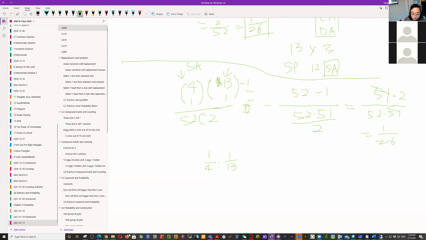Then basically there are 2 ways of managing it. So when you choose... yeah, this part basically is a little bit confusing.